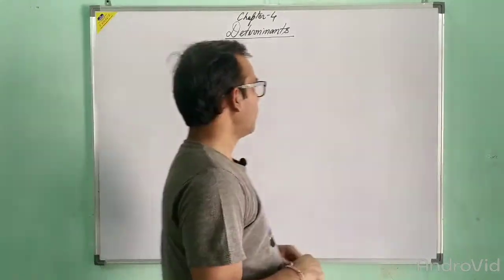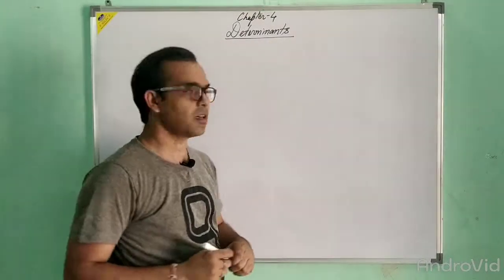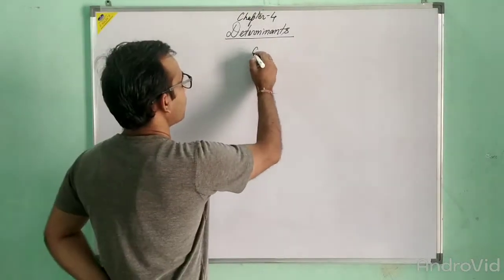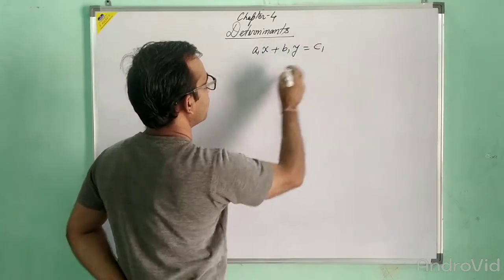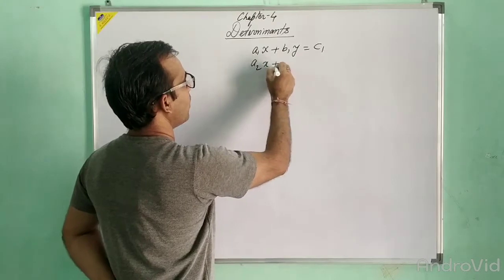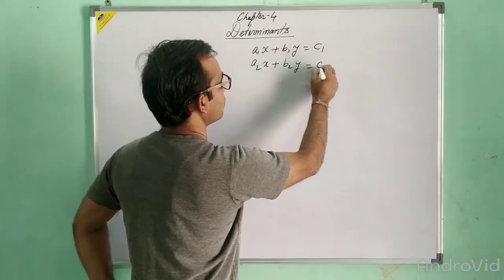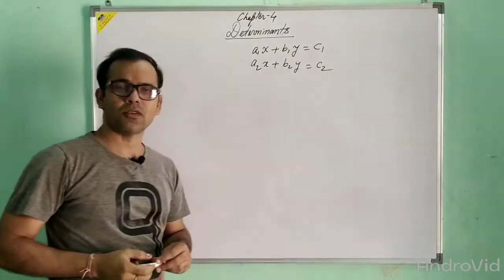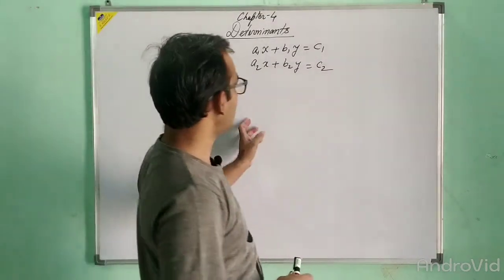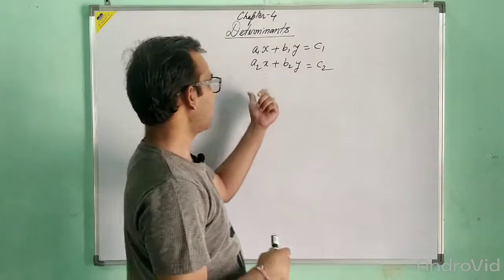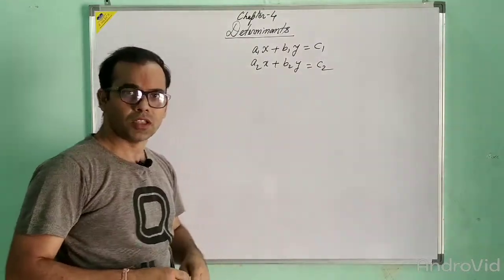In the matrix chapter we learned that if we have a system of linear equations a1x plus b1y equal to c1 and a2x plus b2y equal to c2, these are the two equations. So we have a system of linear equations in two variables.